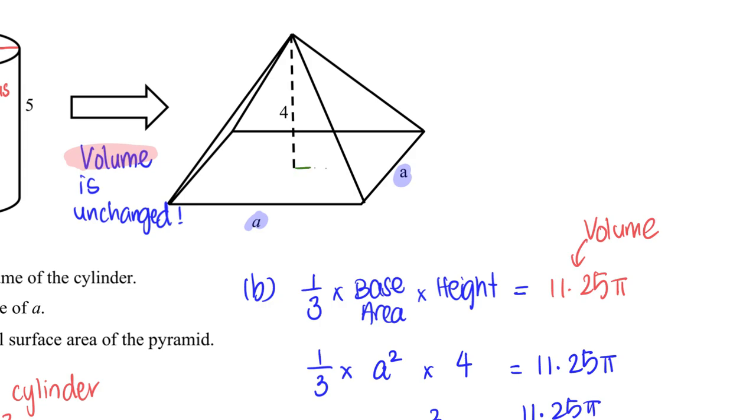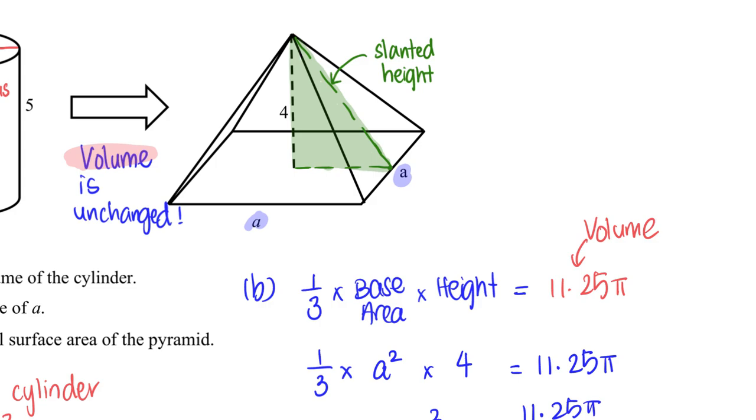And to indicate this, I hope you can see this green color, right angle triangle. Because I would then need to find this slanted height of the triangle here.